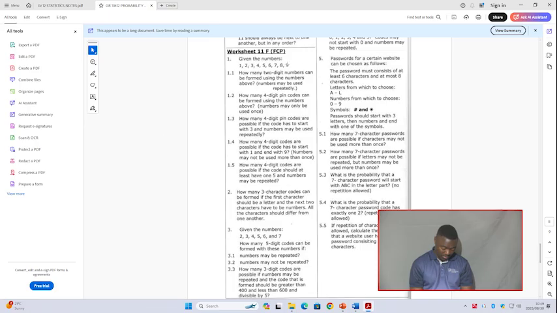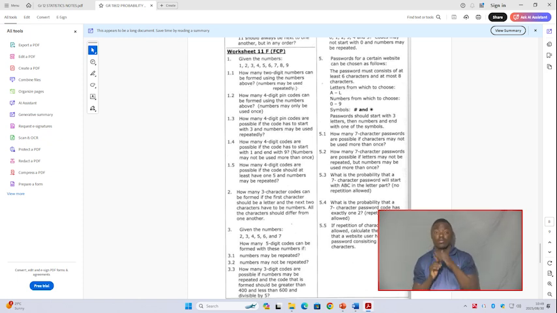Right, people, given the numbers, I'm going to do this one here, number 1.1. In actual fact, I think we need to do it together. I'm going to read the question, you do it, and I will answer it. Is that clear? Right. People, they say, given the numbers 1 up to 9, how many 2-digit numbers can be formed using the numbers above?